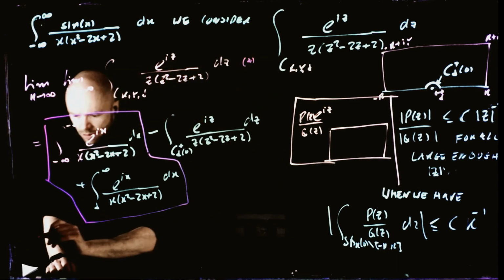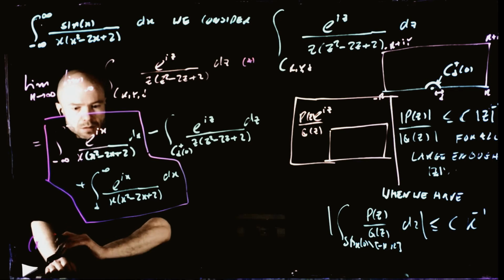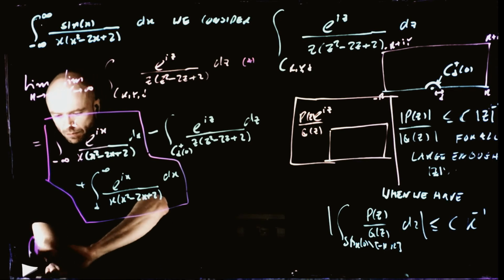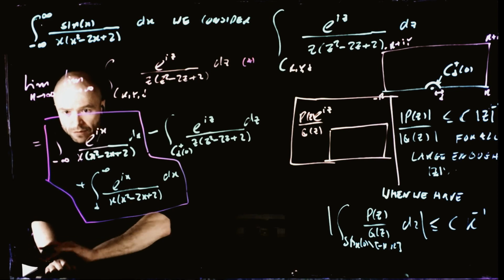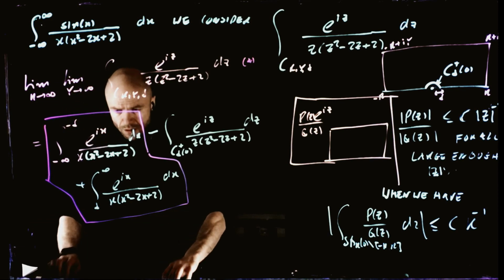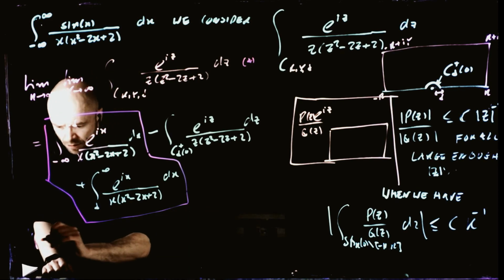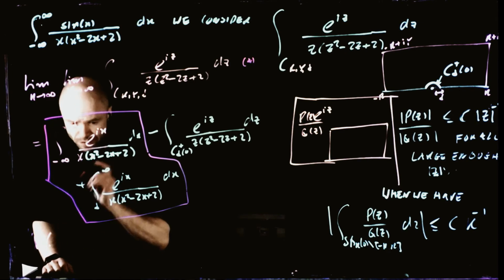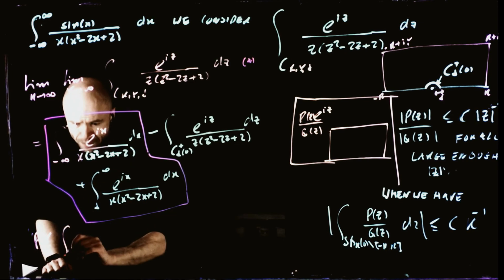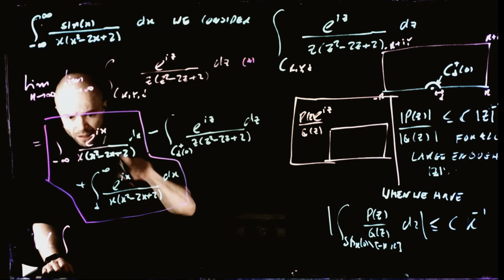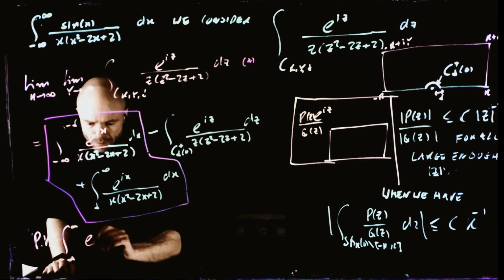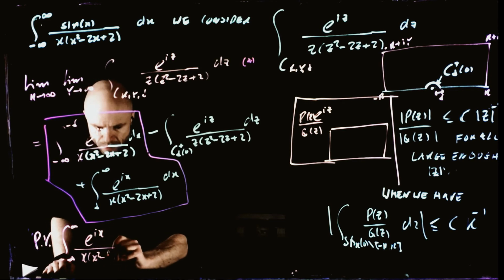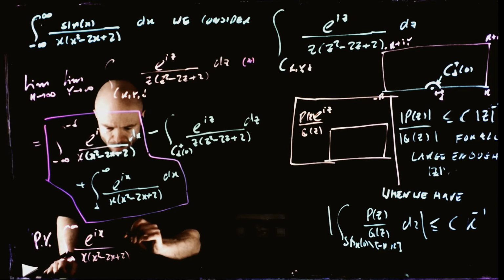So then star, no, let's do this better. So then this stuff here that we want to actually calculate, we're going to put this in the proper way. So this is the principal value of this integral, which exactly means this thing is the limit as delta goes to 0 of e to the minus x over x, x squared minus 2x plus 2.